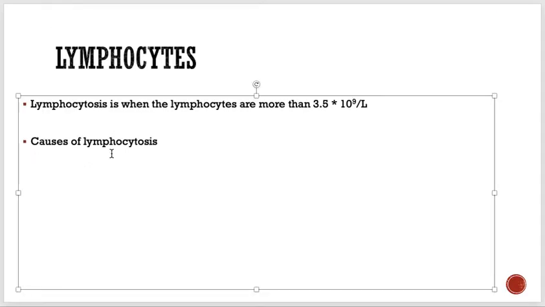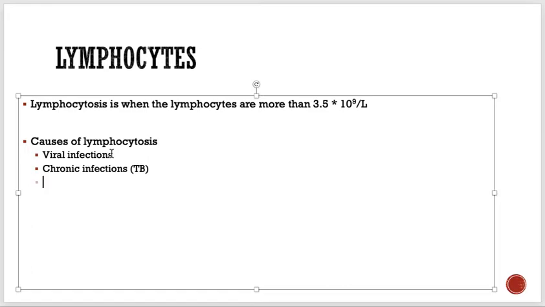On the same side, when there is an increase in lymphocytes, it is viral infections. Think about a person who has some viral infection. Lymphocytes are also increased when we have chronic infections, like tuberculosis, right?